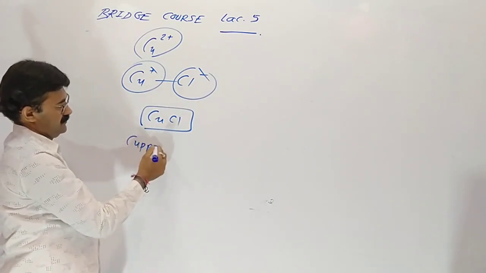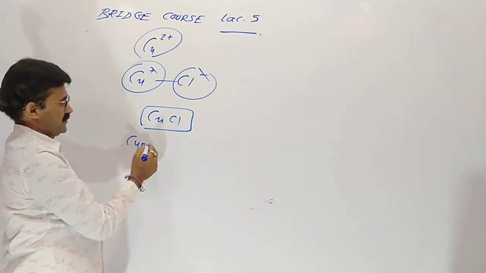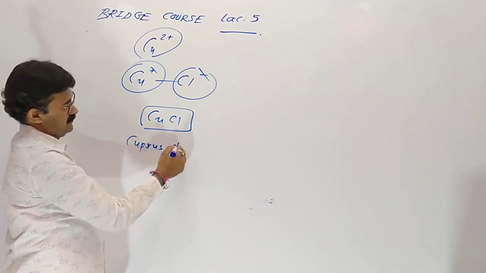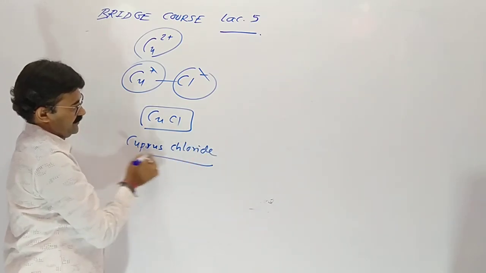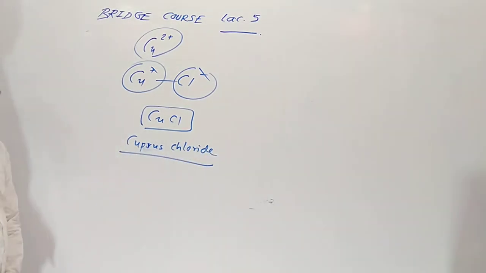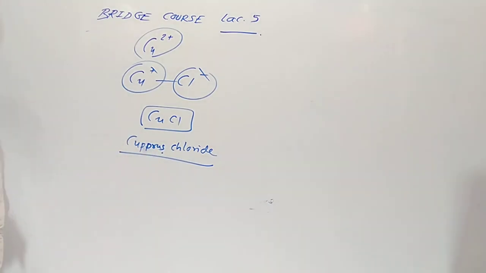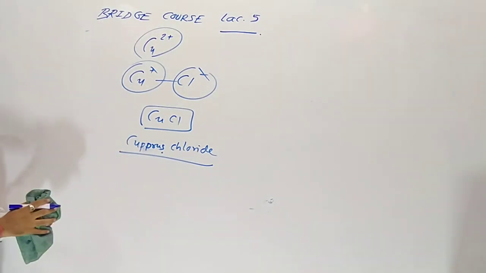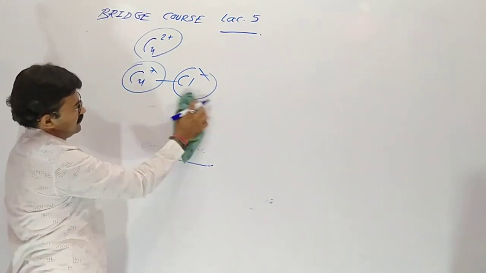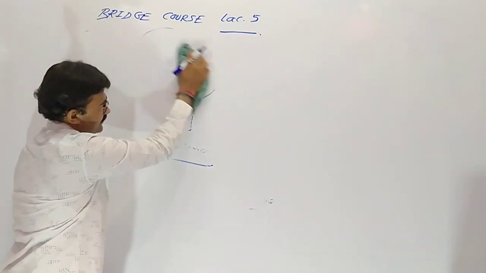So cuprous chloride is the name of the compound. Whenever the charges are the same, there is no need to cross multiply.